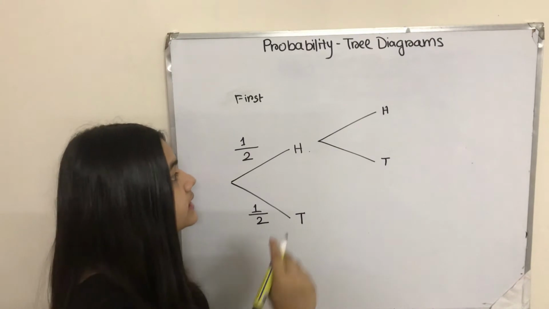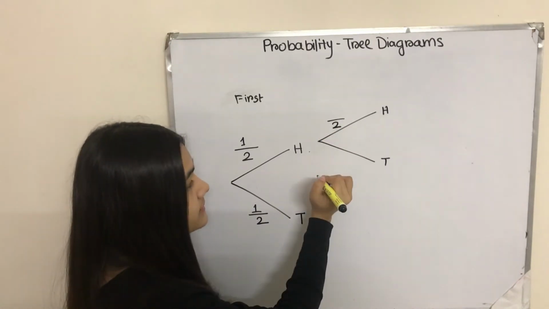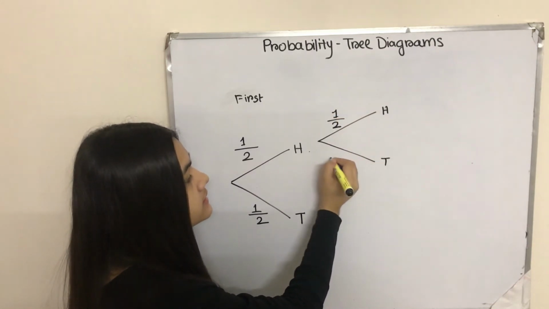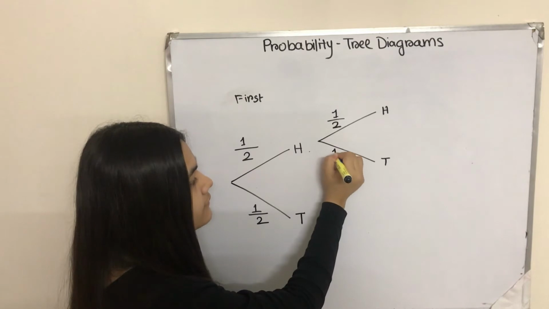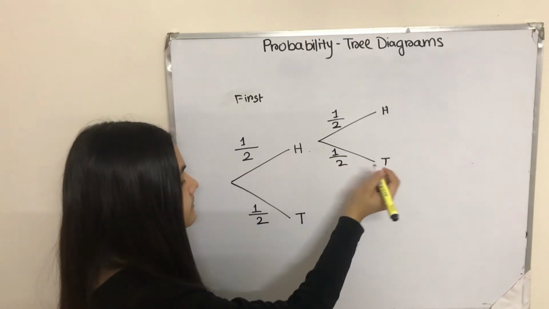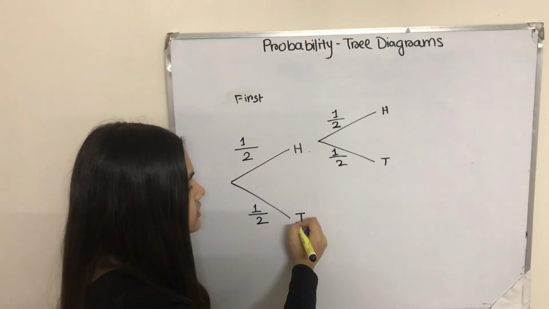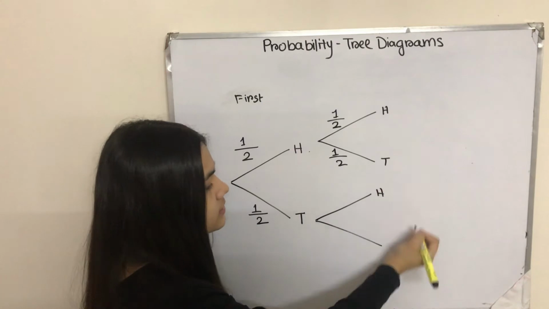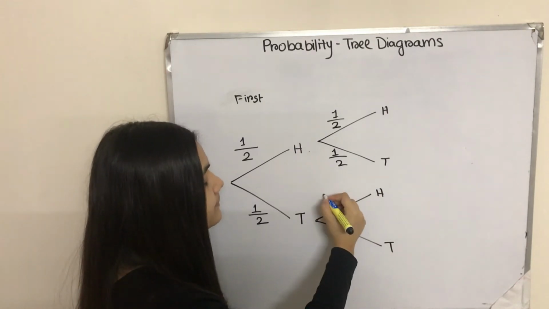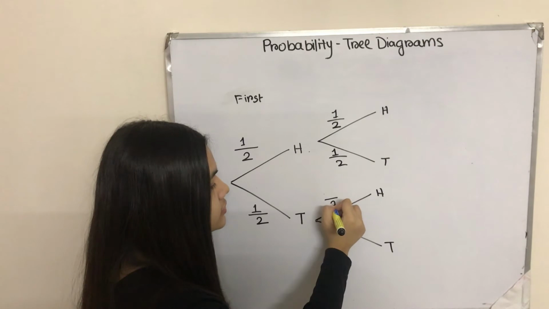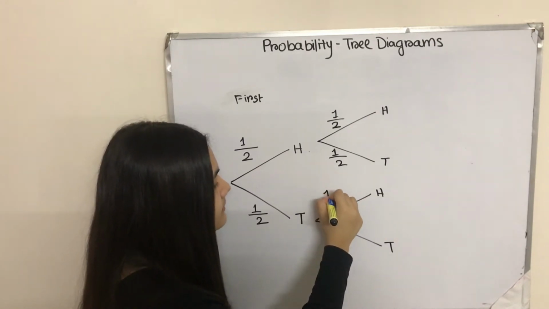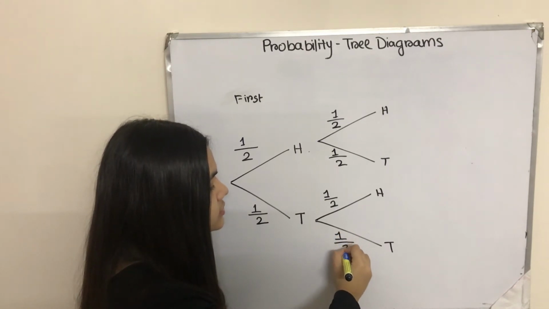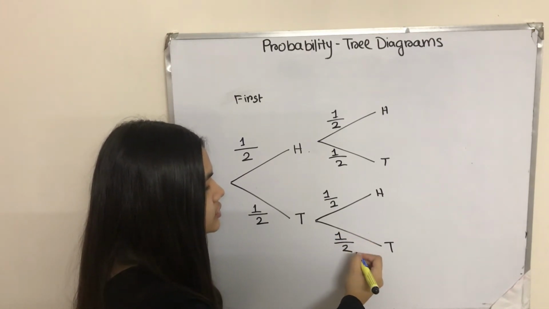There are 2 possible outcomes and one of them is heads, and one of them is tails. Similarly, if I get tails in the first coin toss, I'll have 2 possible outcomes for the second coin toss, heads and tails. Out of those, one of them is heads and the other one is tails. So the probability is 1 by 2.